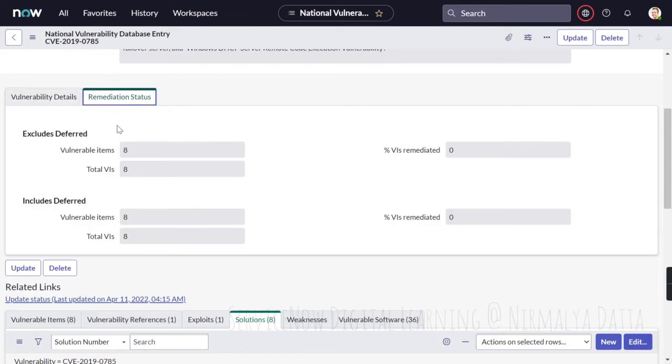You also get to know the number of configuration items affected by this particular vulnerability through the count of vulnerable items. Also, you can observe the percentage of those particular vulnerable items which have currently been remediated.